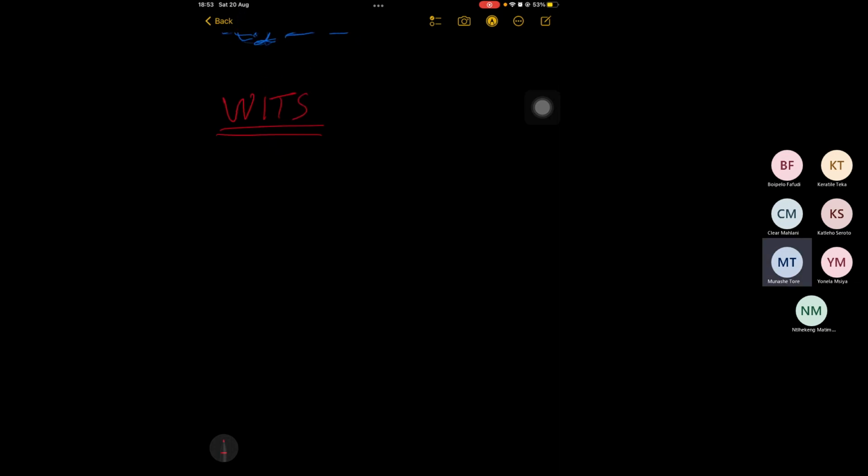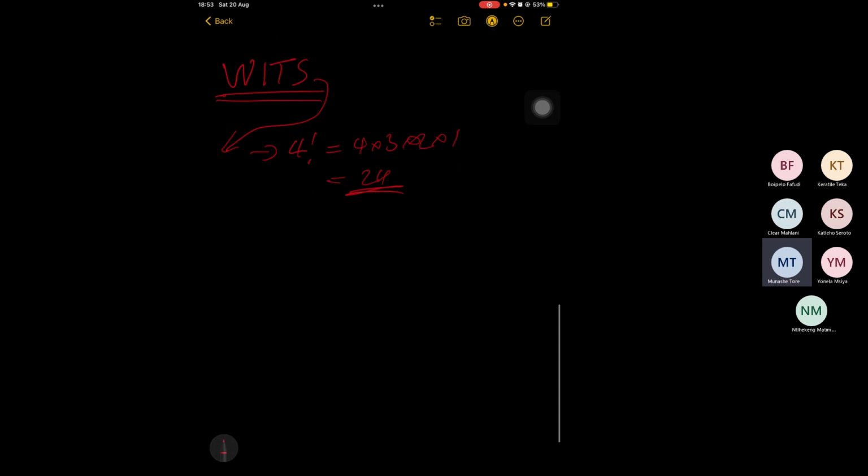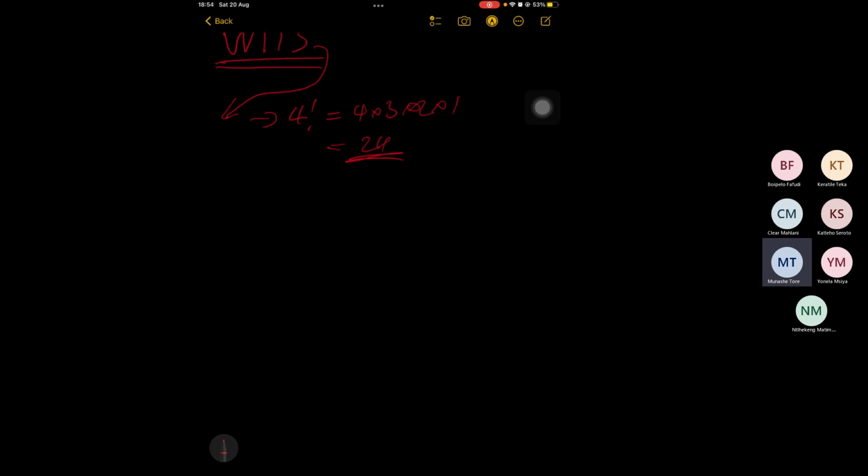Then you ask how many words can you come up with from this? It's going to be 4 factorial, which is 4 times 3 times 2 times 1, which is 24. So you can come up with 24 words from this.